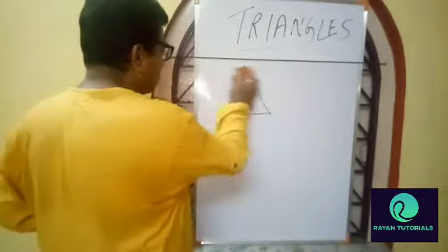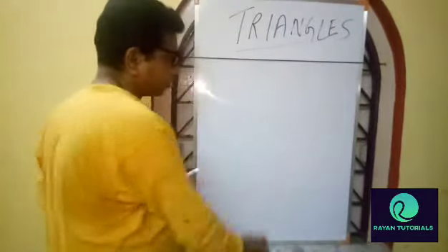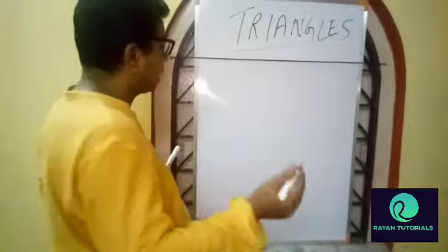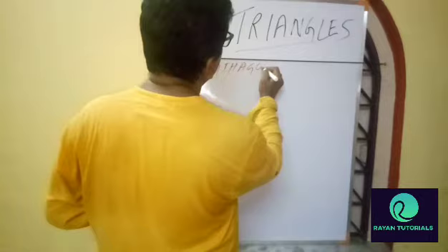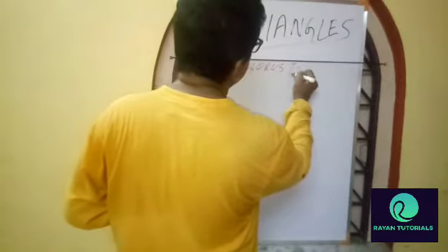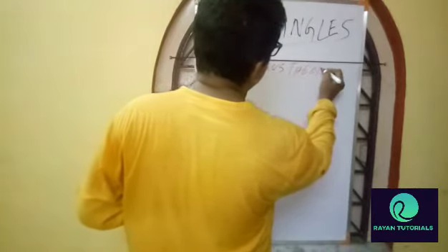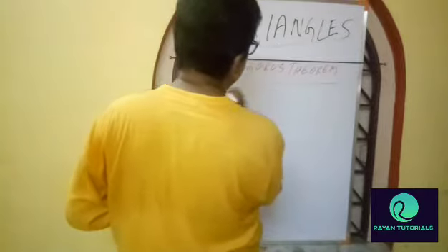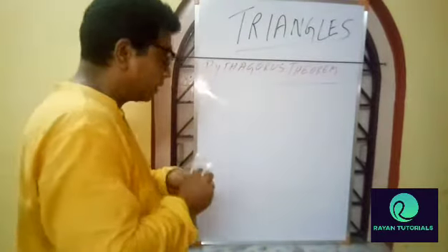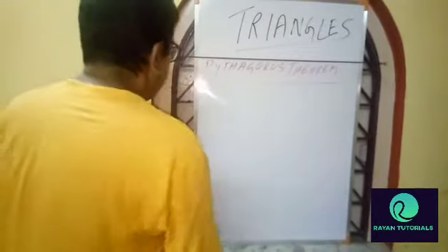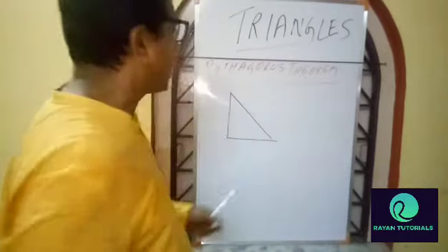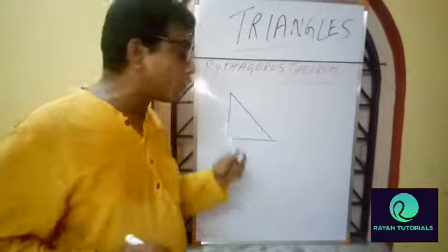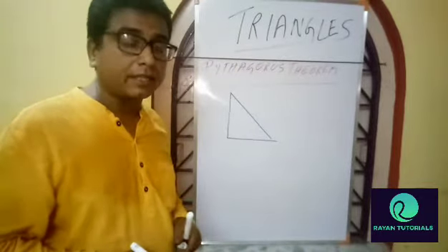First let me show you the Pythagoras theorem. Very easy. What does it state? Suppose there is a right angle triangle. Always remember, Pythagoras theorem is only for right angle triangles.